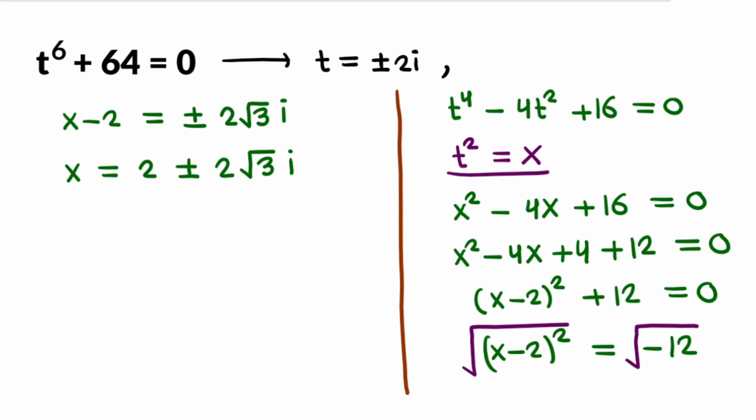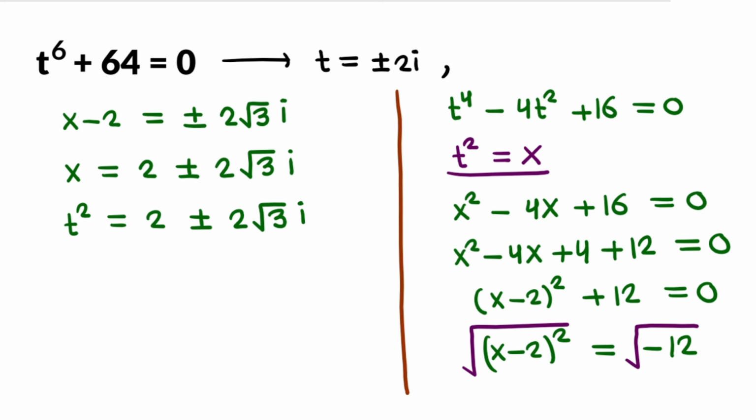But don't forget, x was only a temporary disguise for t squared. So we have t squared equals 2 plus or minus 2 times the square root of 3 times i.